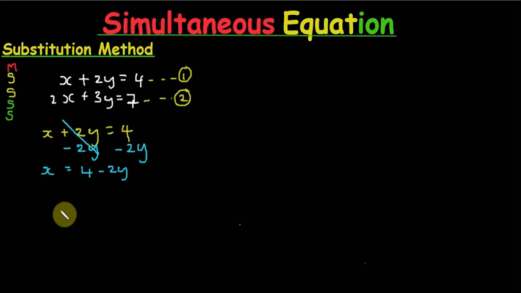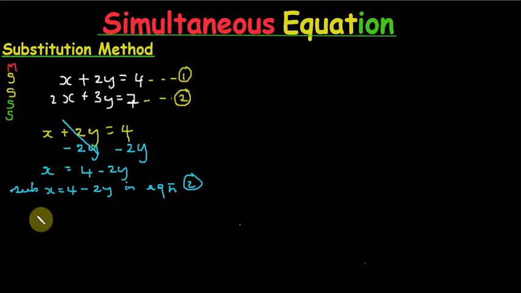So let us use equation 2. What we will do now, we will substitute x equal to 4 minus 2y in equation 2. So let us do just that.